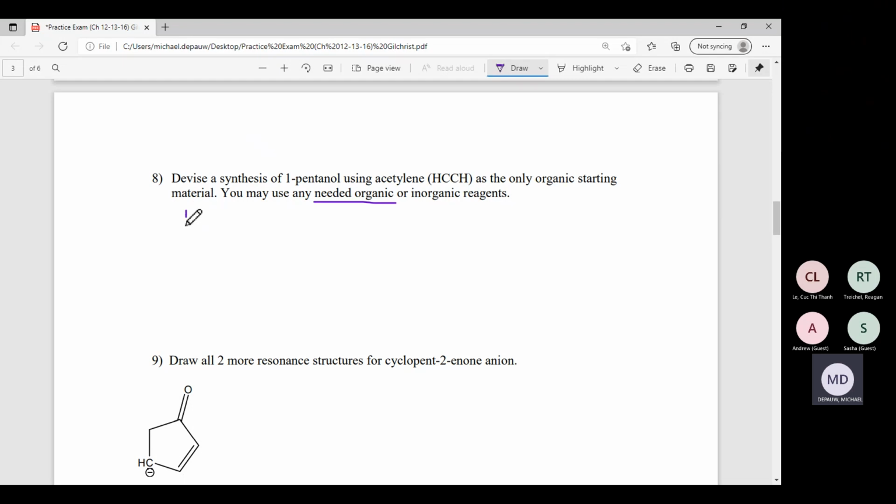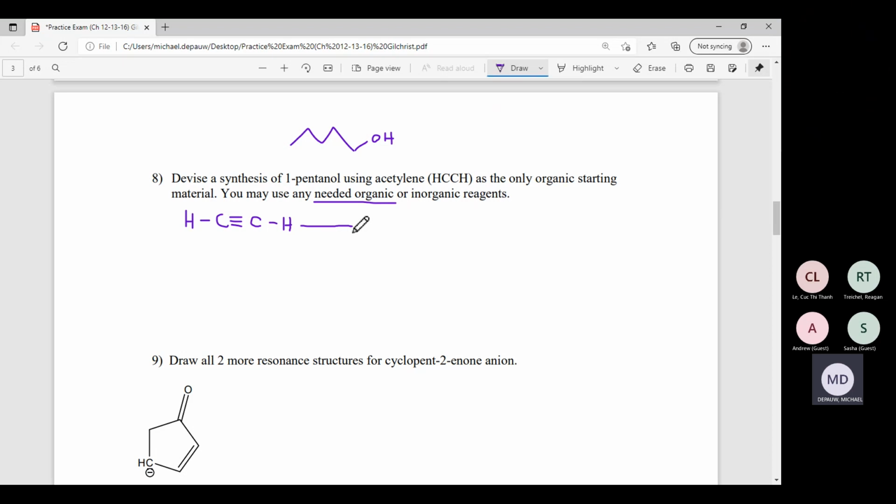So number 1, I have acetylene, which is a triple bond. I know I need 1-pentanol, which is going to be this thing, an OH attached on the first carbon. Acetylene only has 2 carbons, whereas 1-pentanol has 5. So I have to add 3 carbons to this. And there's a couple different ways I could do this.